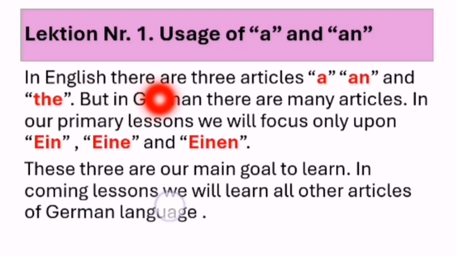In English, there are 3 articles, a, an, and the. But in German, there are many articles. In our primary lessons, we will focus only upon ein, eine, and einen. These 3 are our main goal to learn. In coming lessons, we will learn all other articles of German language.